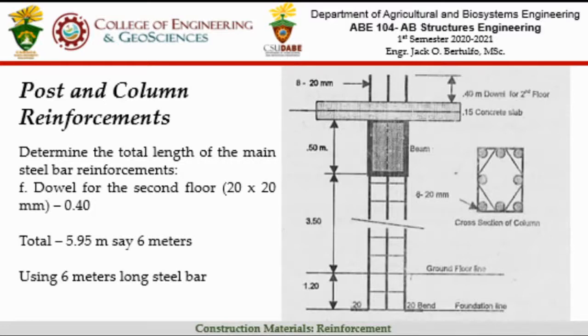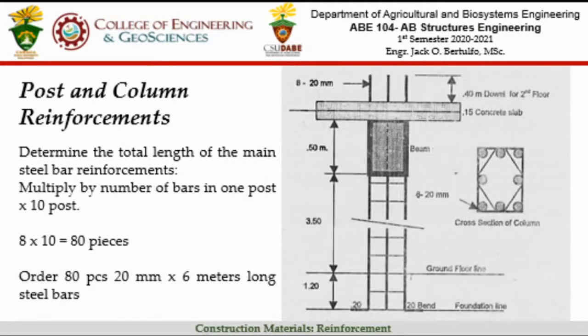Therefore, one bar. But based on this cross section here, class, you have 1, 2, 3, 4, 5, 6, 7, 8. You have 8 steel bars for every column. So for every post, you have 8. The standard length is 6 meters, so one bar each.